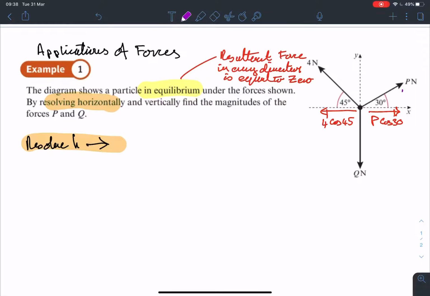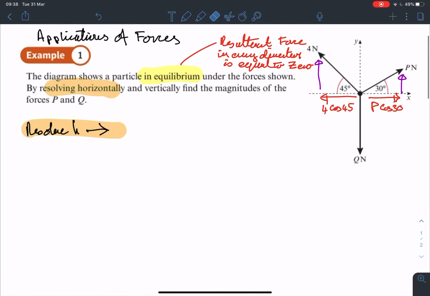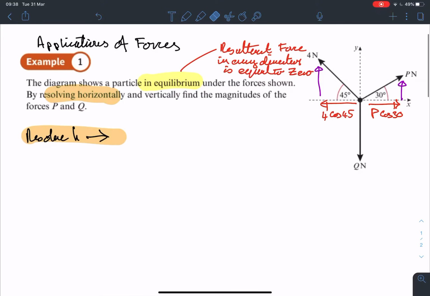Vertically, we've got P sine 30, not much space there, sorry, and 4 sine of 45 vertically there.